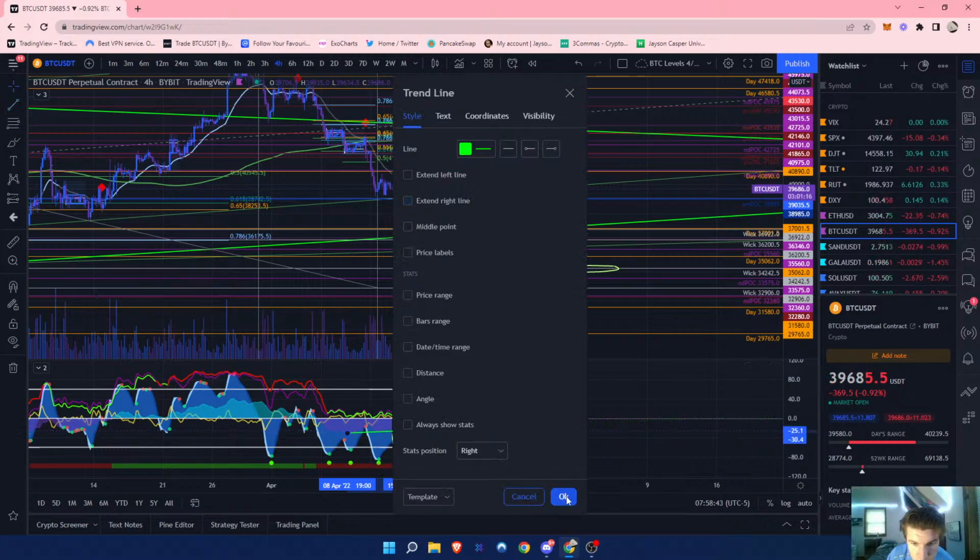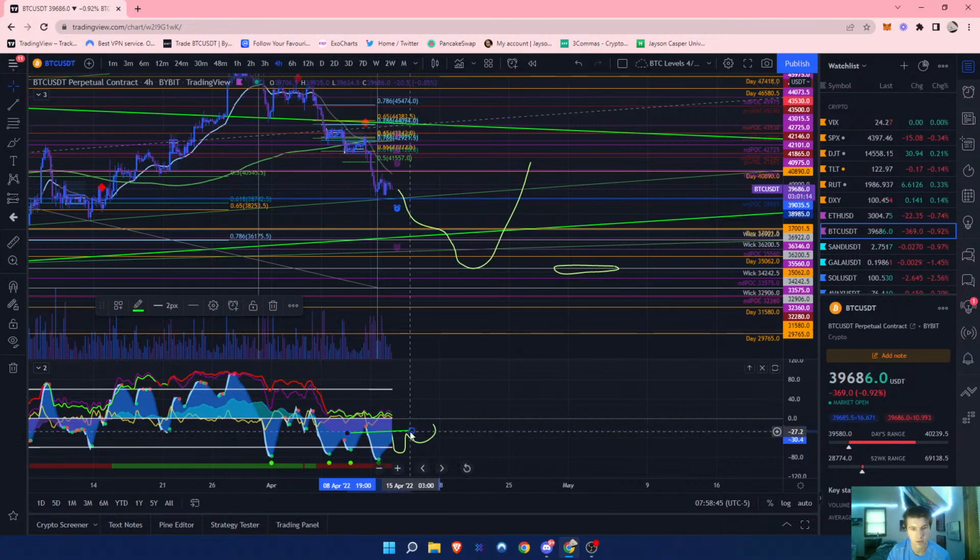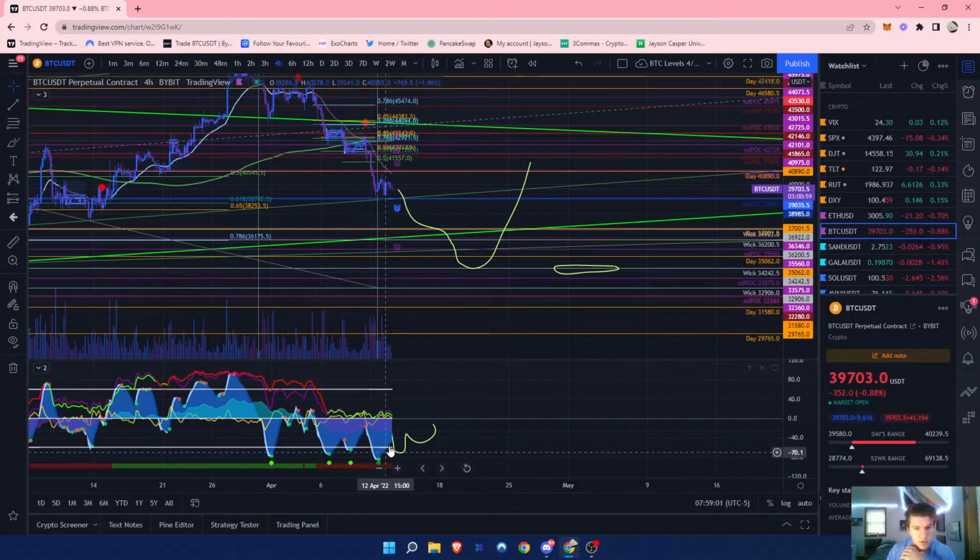And so a good money flow coming up like that. It has to be higher than this momentum wave right here. So that should be a good deal. I'll add that to my chart.